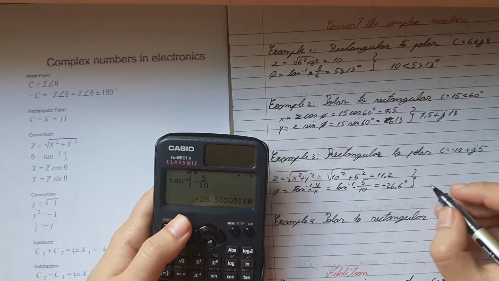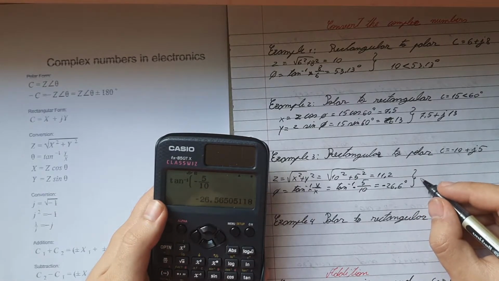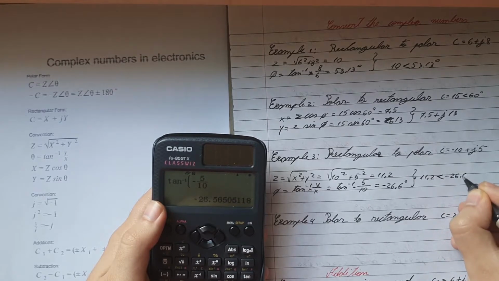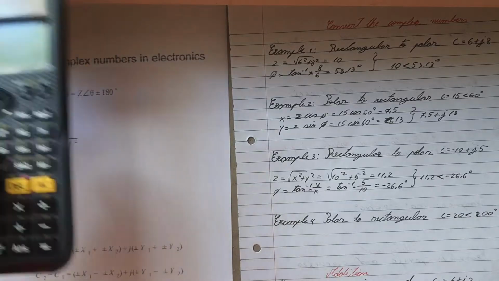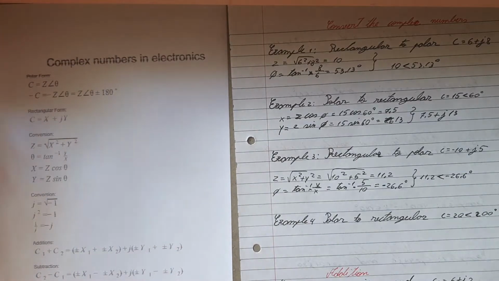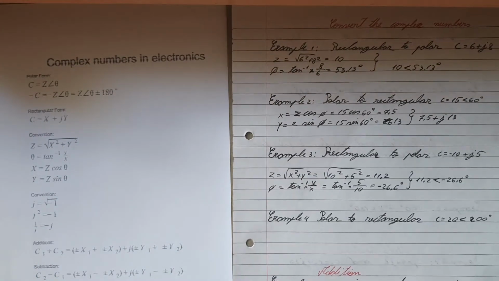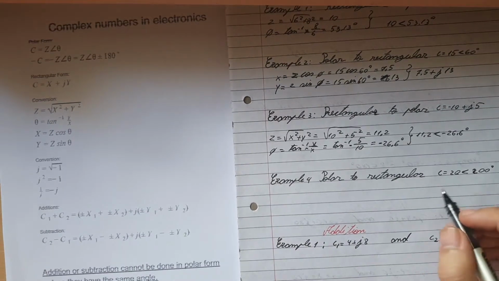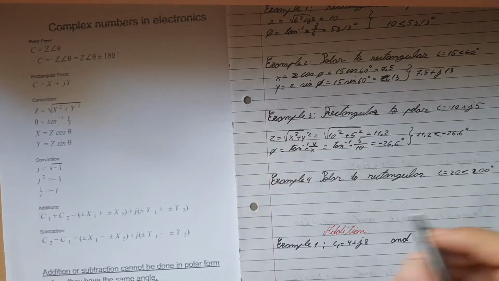Then we can write it as 11.2 at an angle of minus 26.6 degrees. And there we have it, another conversion done. Alright, let's go to the next one, which is polar to rectangular, and that will be 20 at the angle of 200.